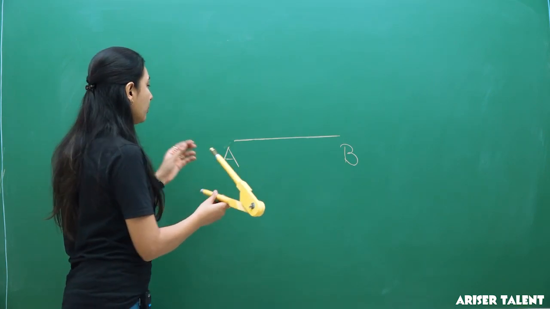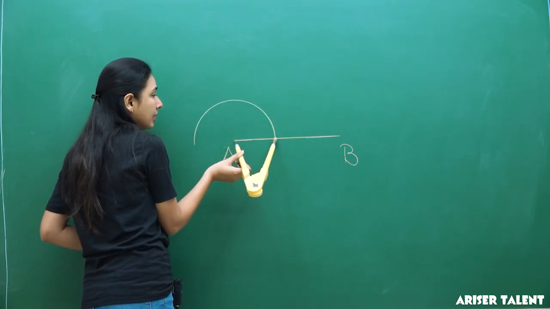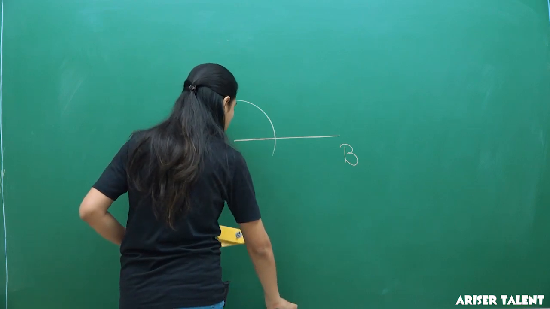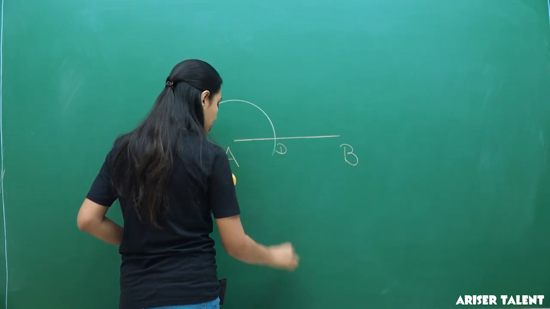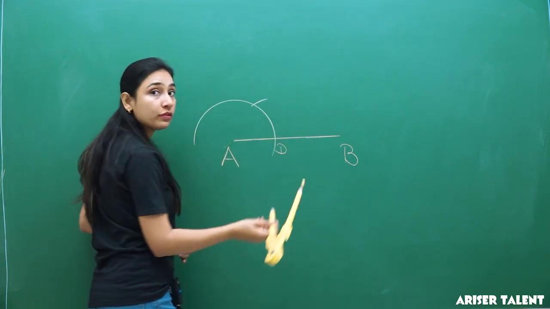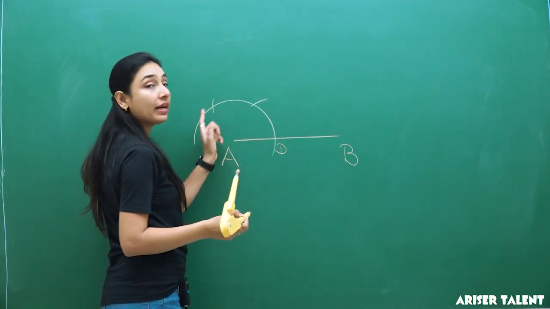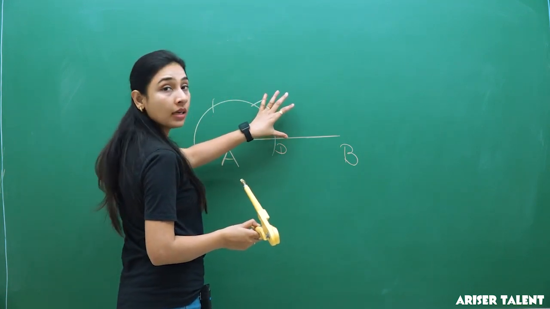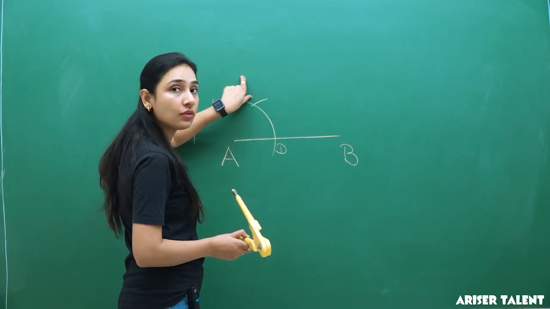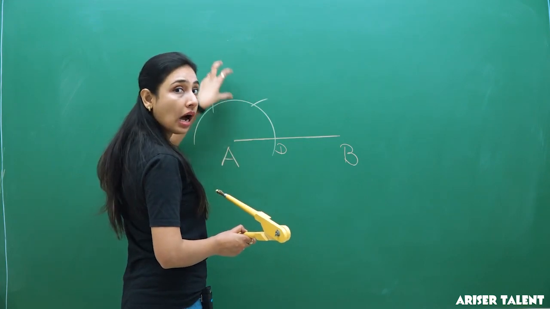Okay, so what you are going to do, at point A, cut an arc here intersecting this line AB. Then from this point, let's suppose this is the point D, from this point D cut an arc here and that will be of 60 degree. Okay, and again of 60 degree, so that will make 120 degree completely. Now this is 60 degree we have talked about and this is again 60 degree. So 60 plus 30 is equals to 90. So we are going to just make it half of this angle.